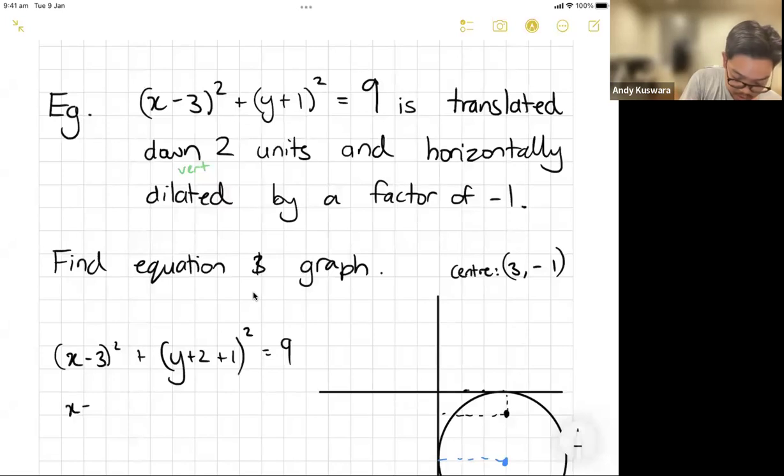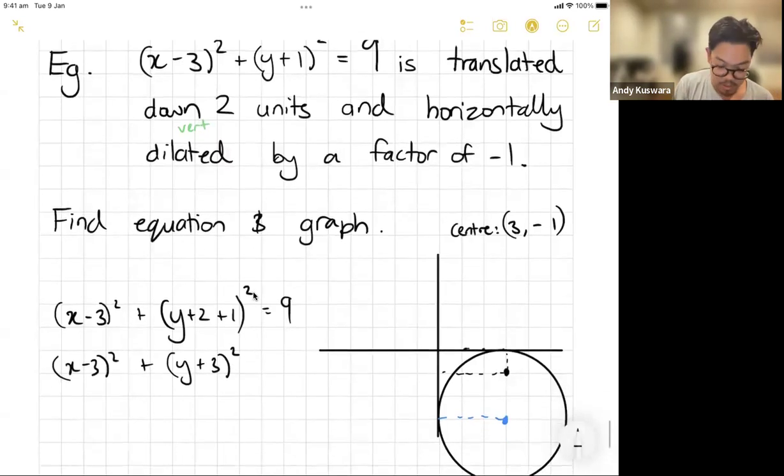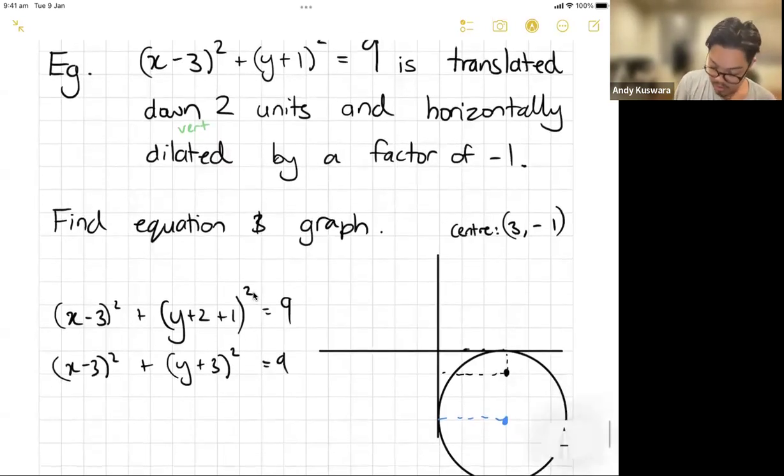Essentially it'll be (x minus 3) squared plus (y plus 3) squared. You can see that that lines up so far in terms of our translation, because we are now at -3, and that's 3. So far that makes sense, but now here's the horizontal dilating.